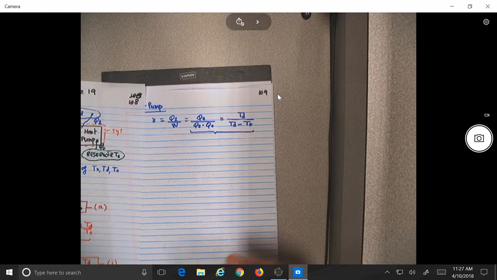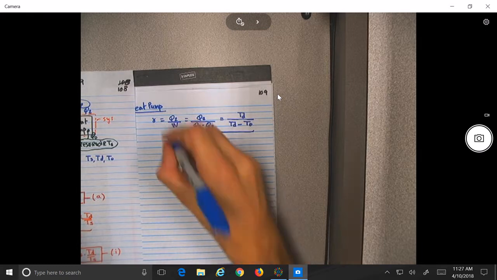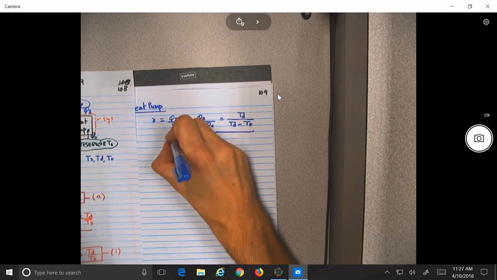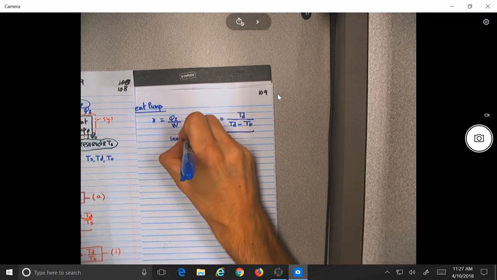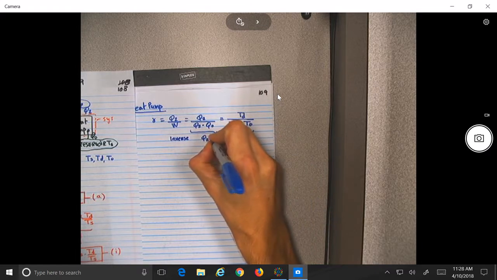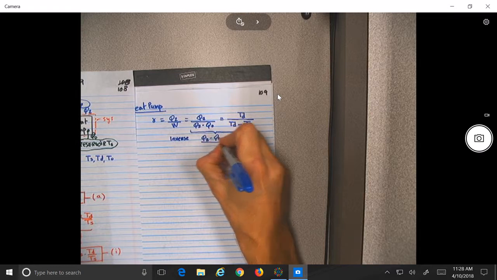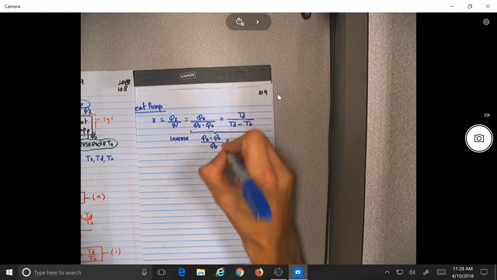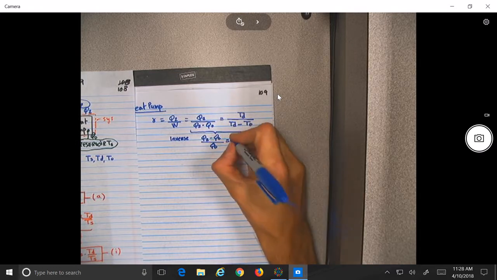So if I just look at these two, so I do the inverse for both of them, so I can say that Q2 minus Q naught over Q naught will be equal to what?